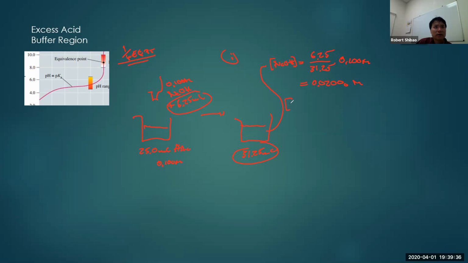And okay, now let's calculate the concentration of the HAc. The HAc is going to be a 25 to 31 1/4 dilution. So I start off with 25, end up at 31 1/4. And I'm not going to round this, obviously, because if I start rounding here, the numbers are going to come off. The original is 0.100 molar, and so it's going to be 25 divided by 31 1/4 times 0.1.